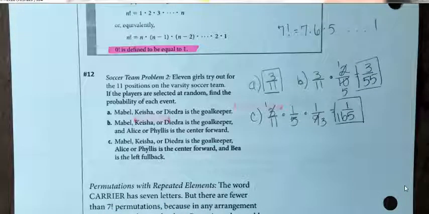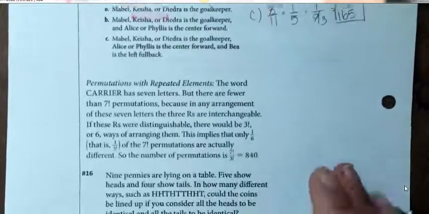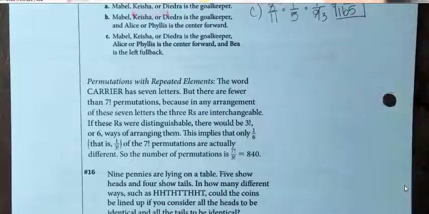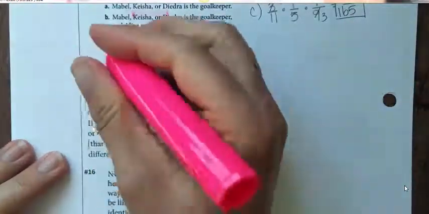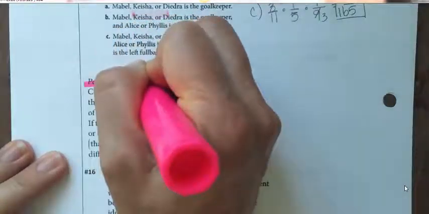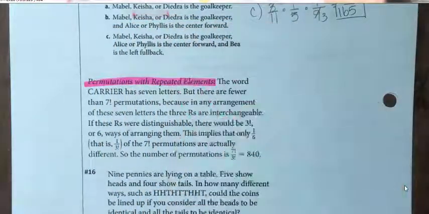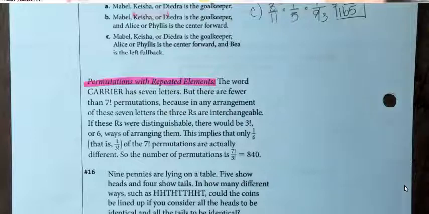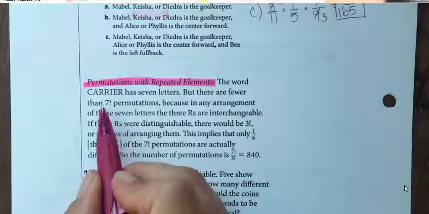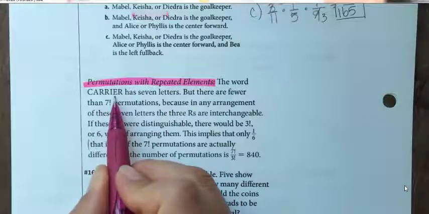Now let's talk about permutations with repeated elements. This is actually quite simple. So in this word carrier, there are 7 letters.